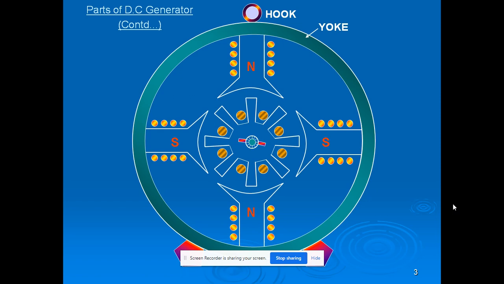And this is the yoke. Yoke is the outer periphery of the various parts in DC generator. It provides mechanical protection for various equipment inside the generator.